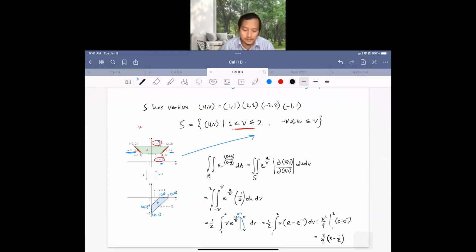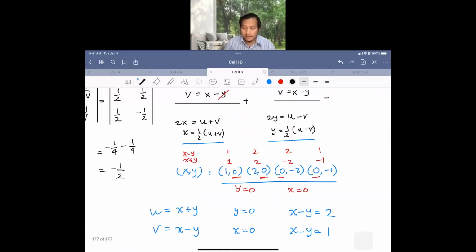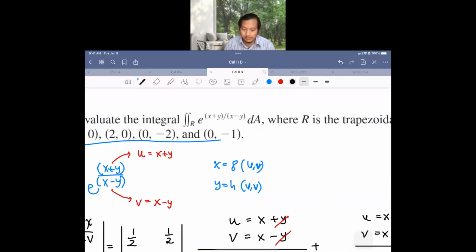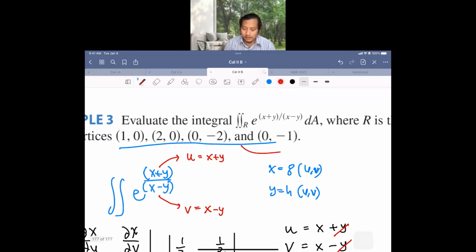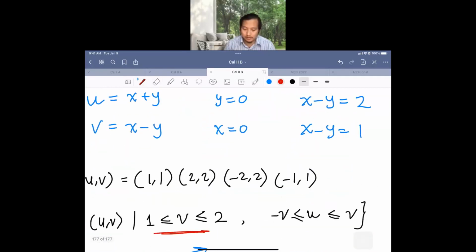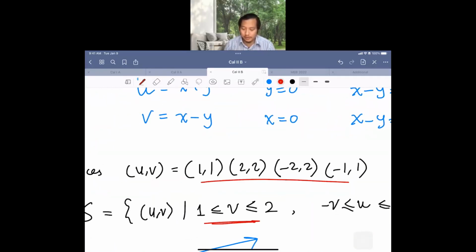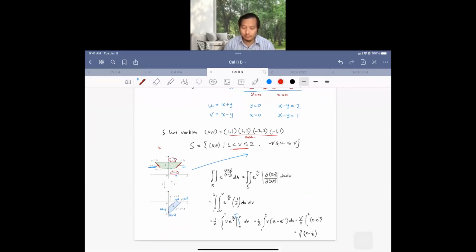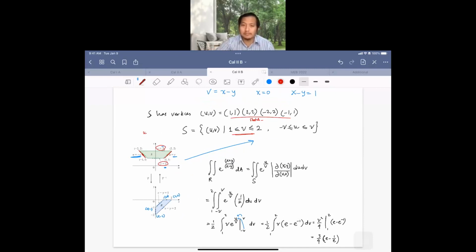I think it's important to imagine the vertices. So first, sketch this, and also after we get the vertices for UV, also sketch this. Usually this frequently appears in many exams for this kind of situation.